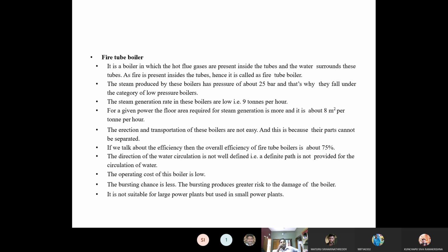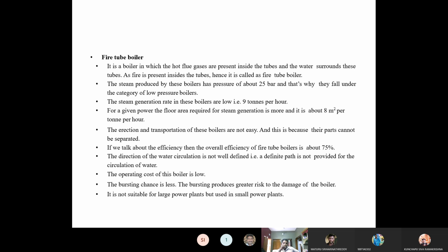As the hot gases are flowing through the tubes, that is why we call them fire tube boilers. The steam produced by these boilers has a pressure of about 25 bar, and that is why they fall under the category of low pressure boilers, as the steam produced by them has less pressure.